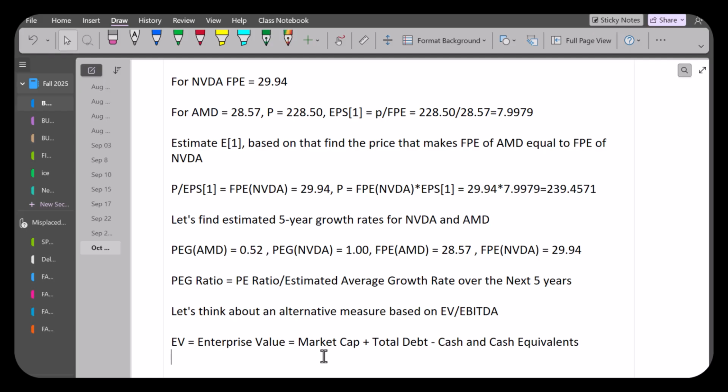EBITDA, earnings per share, earnings in general. If you calculate EV per share, you calculate EBITDA per share as well. Earnings before interest, taxes, and depreciation and amortization.